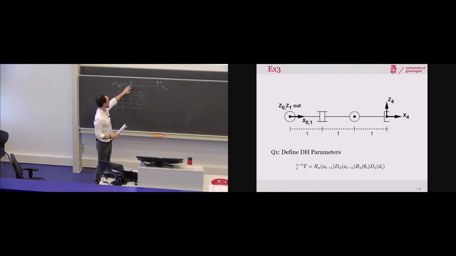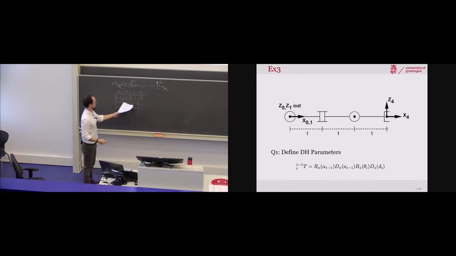So in this case, we assume that the joint is rotating counterclockwise, so we place Z up, and X has to be pointed along the perpendicular, okay? So this one is Z2, and this one is X2, okay?